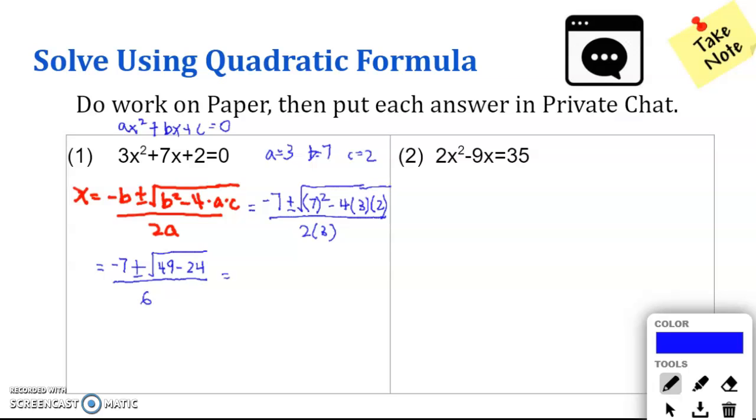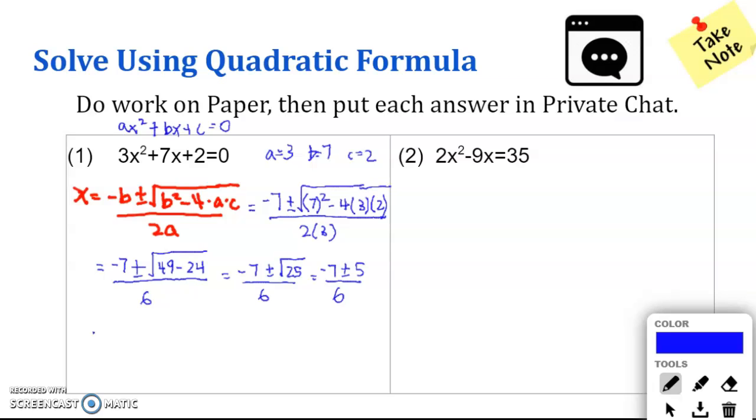So that simplifies to negative 7 plus or minus, what's 49 minus 24? That's going to be the square root of 25, all over 6. And that is negative 7 plus or minus the square root of 25. I can simplify that to 5, all over 6.